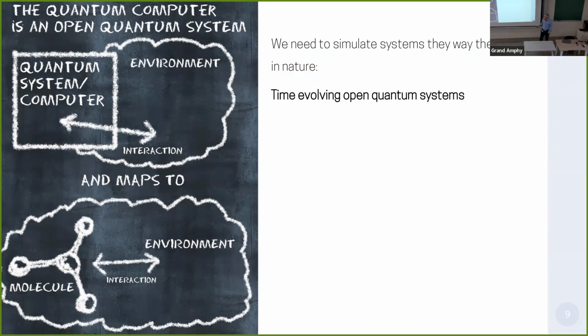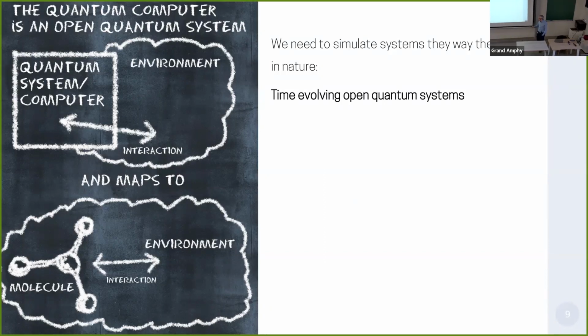Now let's map this to the quantum computer and consider the fact that we need to use noisy intermediate-scale quantum computers, there are no others. They are noisy. What is the source of the noise? The source of the noise is an environment, and the interaction of the ideal qubits with this environment. And so we map the quantum system that we consider and its environment to the quantum computer and its environment.